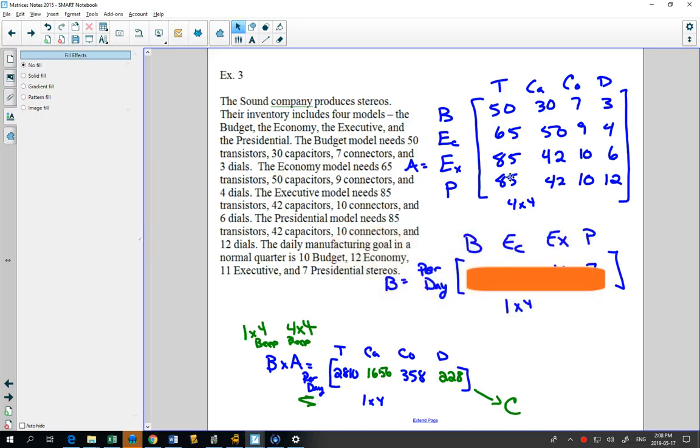And for your second matrix, because you're told how much they make per day, I have to make a row matrix so that my beep matches my other beep. Okay? And then when you multiply the two matrices together, you would have to multiply B times A so that the beeps are in the middle.